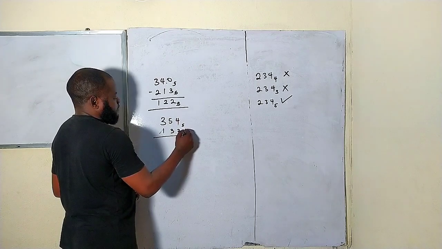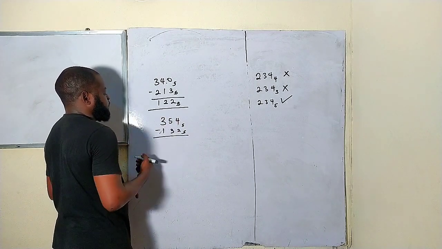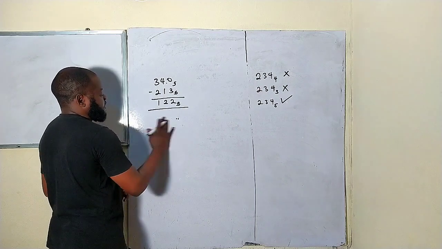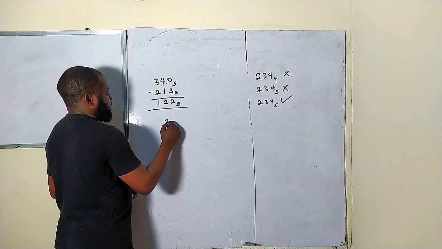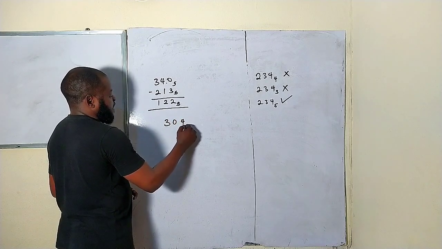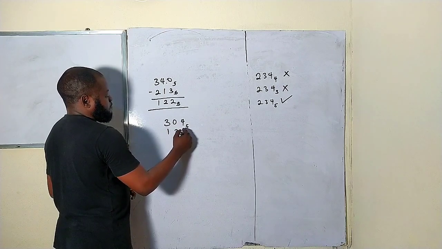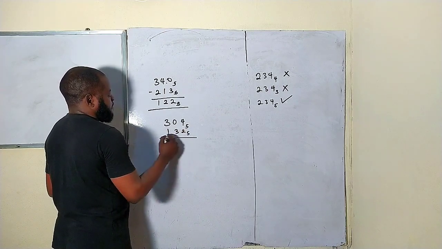So here you might not need to borrow because the number here is extremely small compared to the one above. But let me cast it so that we are going to borrow. So let's say 304 in base 5, and here I have 132 in base 5.